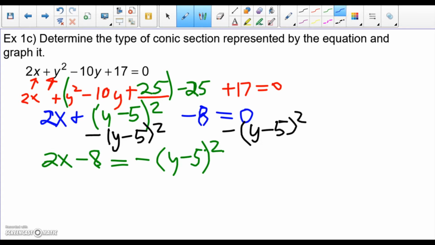I don't like that coefficient 2 in front of my x though, so I would factor out a GCF there. And then I would divide by that too.